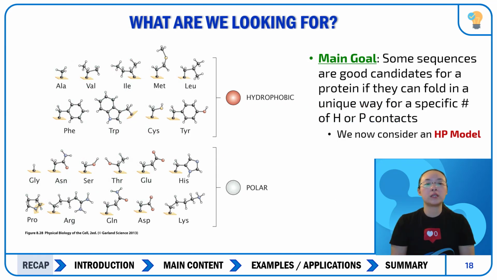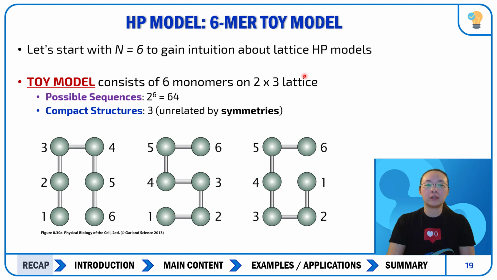So to start with the HP model, remember we're trying to simplify things as much as possible. We can consider each residue to be polar or nonpolar. So we moved on to something called the 6-mer toy model, or the HP model. So keep in mind they're both interchangeable.